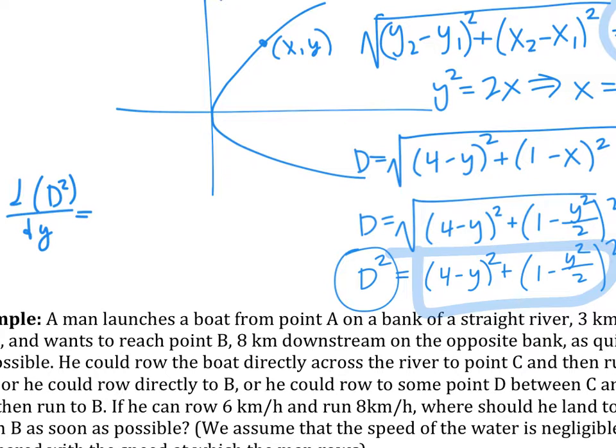And remember, we are looking for the minimum y. What makes this equation minimum? The derivative ends up being y cubed minus 8. So y is equal to 2, and the point is (2, 2).